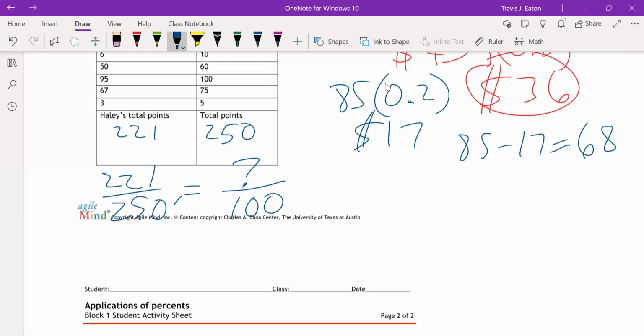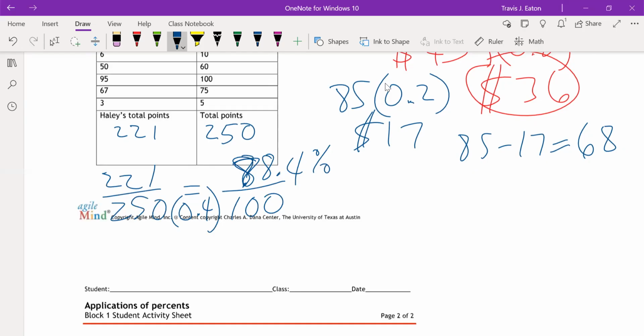So we would take 250 and multiply it by 0.4, because that'll make 100. But what is 221 times 0.4? Well, 88.4 is her percent.